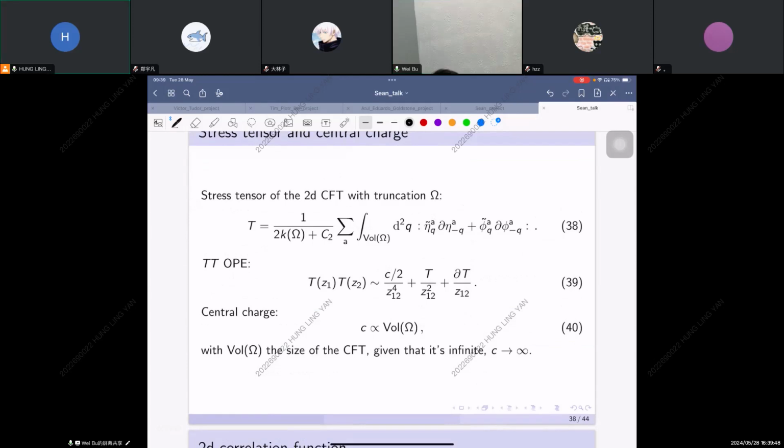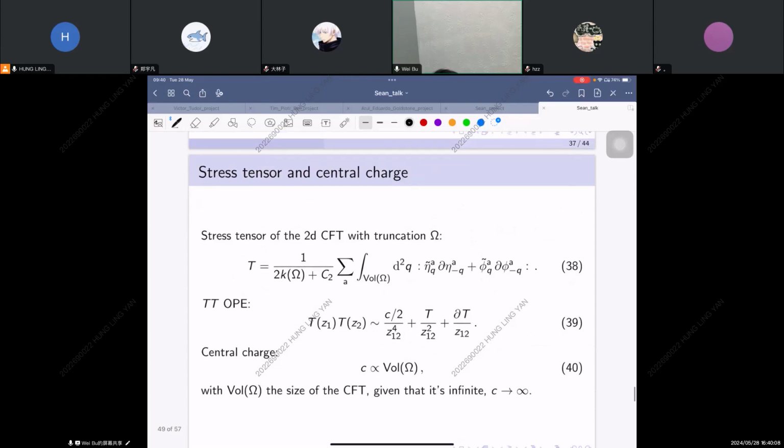But in the examples where people study celestial holography, do they all implicitly have infinity? You can deduce it from some of their calculations, because they don't really have a form of a stress tensor. We do here, so you can actually do computations with it. But if you don't, you can infer from the symmetries.